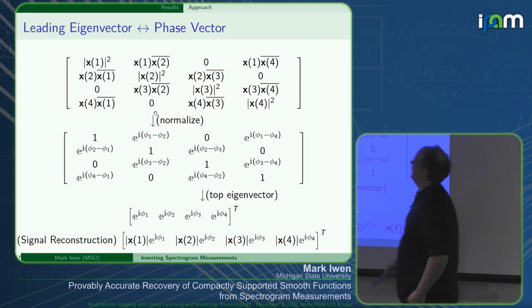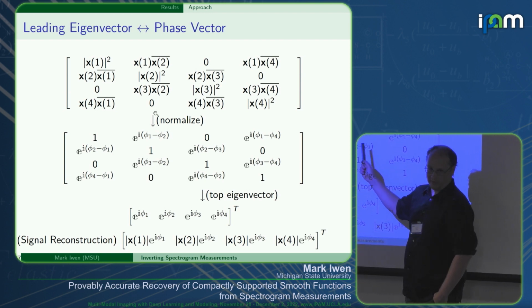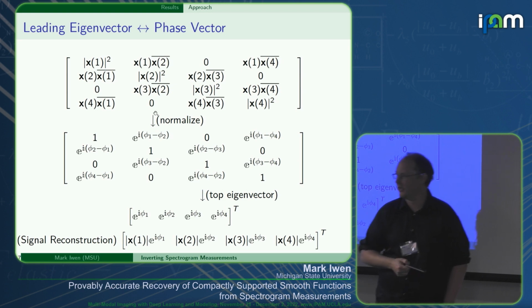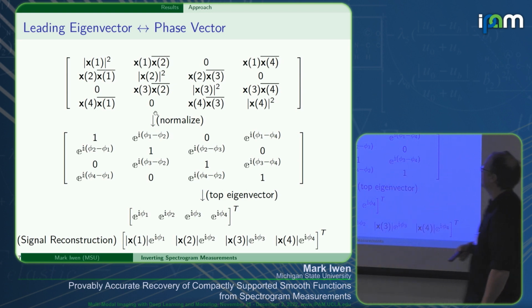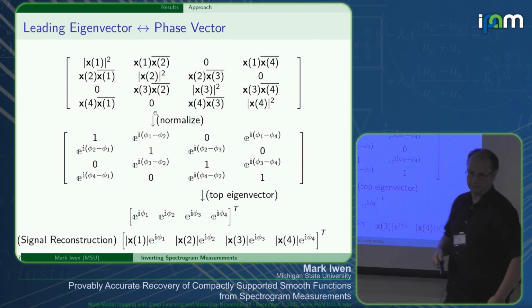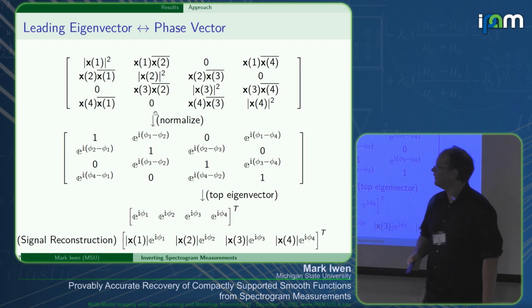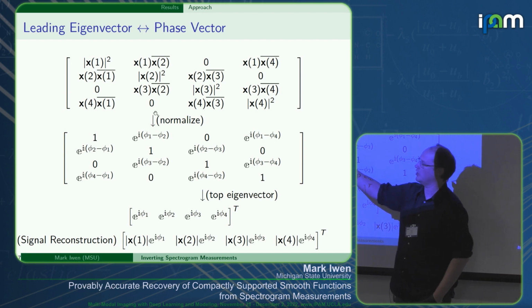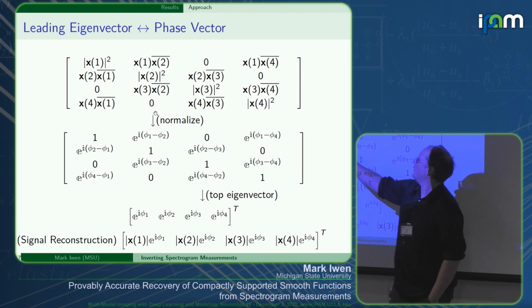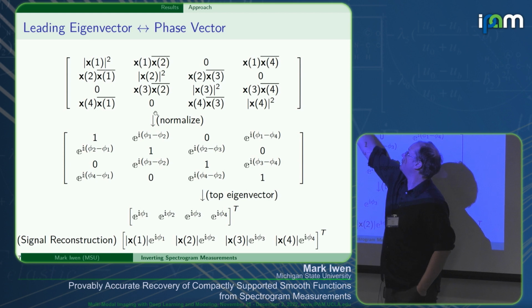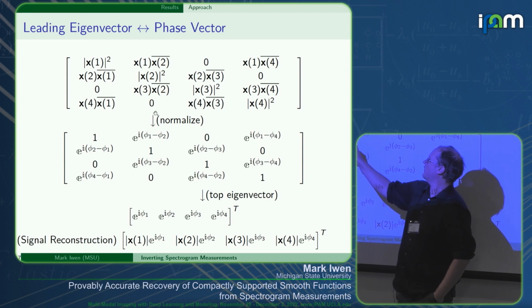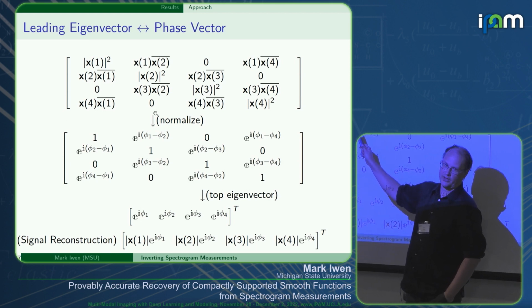Okay. And to get the phases of each entry, we can do the following, which is not quite as easy as taking the top eigenvector as you would do for XX star to get X, but almost as easy. So we'll normalize all the entries entry-wise. And when we do that, we have the phases left, which turn out to contain differences between the phase angle of the first entry in this case.